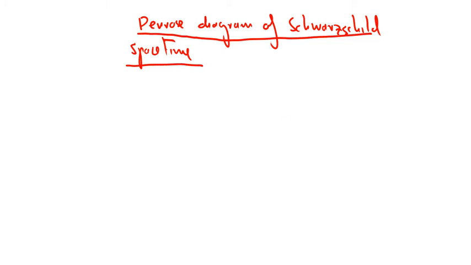Okay, well, let us start by writing down the line element of the Schwarzschild solution.